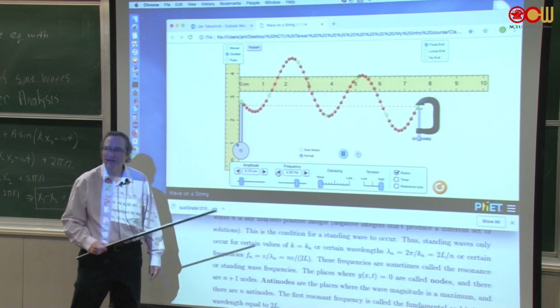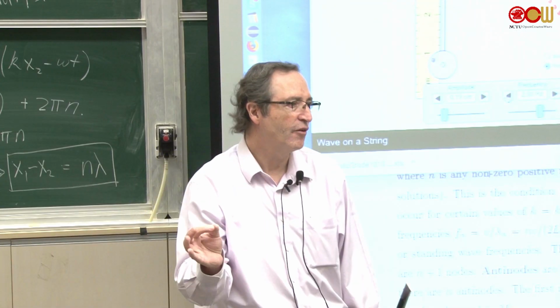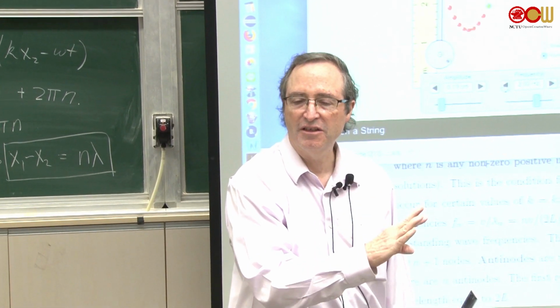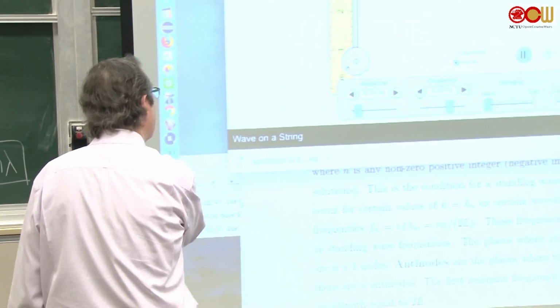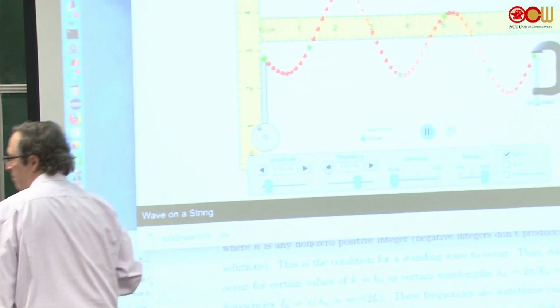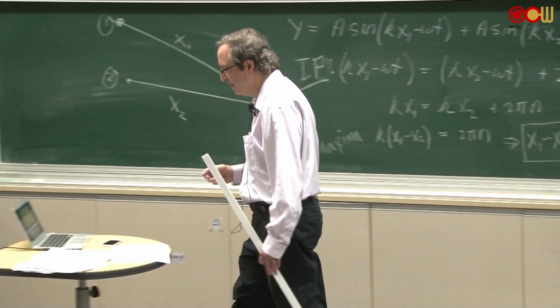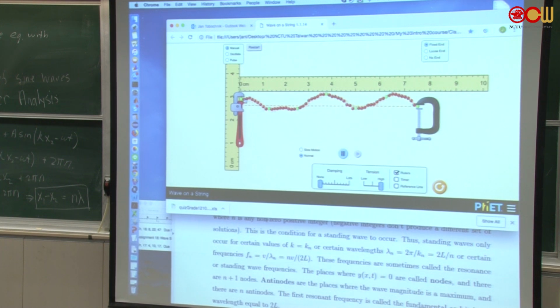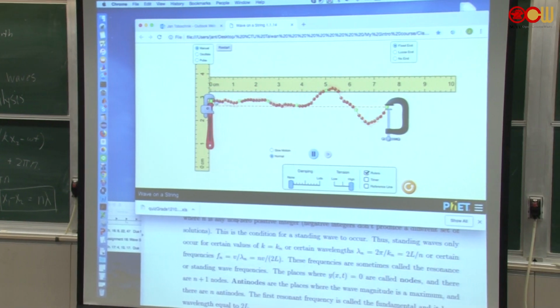In a real violin, both ends are fixed, right? And you excite it by just exciting it, okay? And in this, maybe I can try and do it manually. Let's try that. So I'm trying to get a standing wave there.